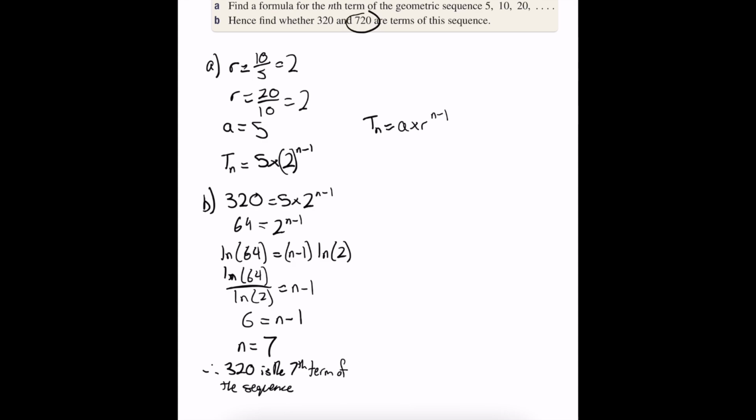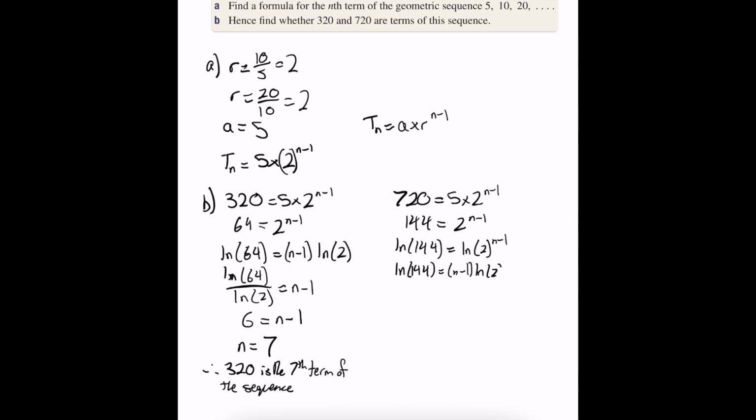Now, to test whether 720 is a term of the sequence, we will say that 720 is equal to 5 times 2 to the n minus 1. If we divide both sides by 5 first, we get 144 is equal to 2 to the power of n minus 1. Same thing, we log both sides. We bring the power down, which is a step that I skipped when we were solving this.